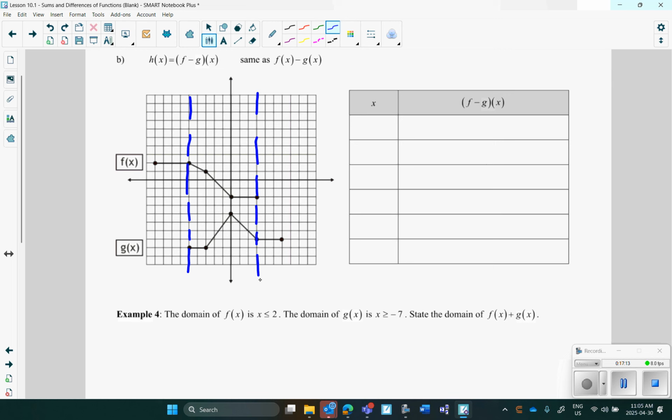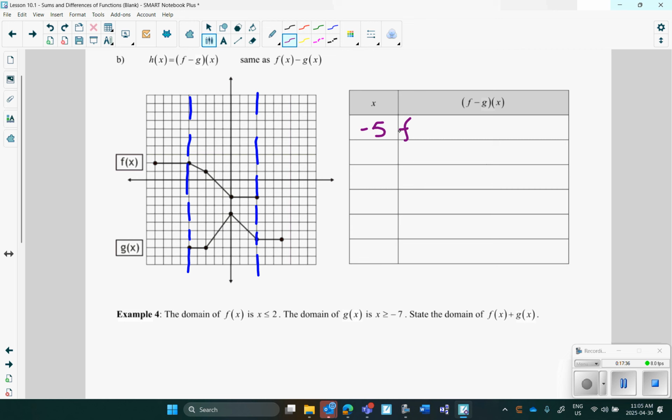Those are the only ones I can subtract, because way out at -9, 2, there's nothing to subtract here. So there's no point that exists. So I only do these ones. So I'm at x equals -5. What's the value of f of x?